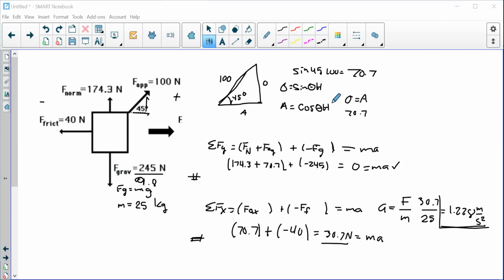The vertical forces are not always balanced. But if the object is sitting on the ground, isn't sinking into the ground, and isn't flying off of it, generally those y-directional forces are going to be balanced. In every example we've had, this object's sitting on the ground. All right.